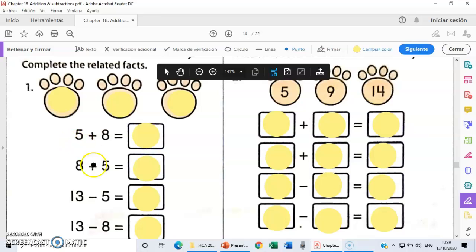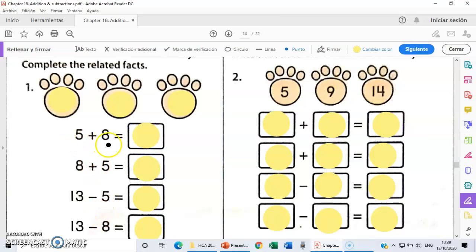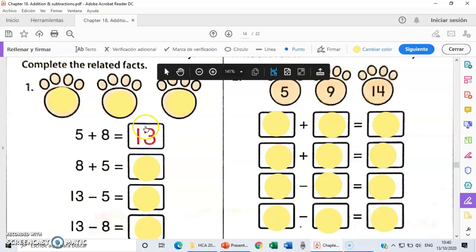Remember, here you have 5 plus 8, and then you have 8 plus 5. But here, look at this. They give you the subtractions, 13 minus 5, 13 minus 8. So 5 plus 8 is 13.